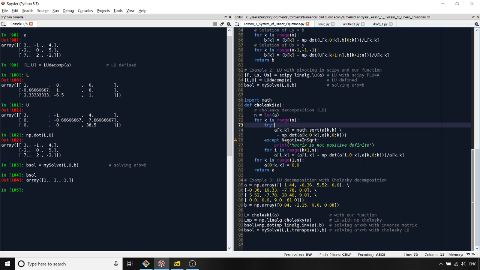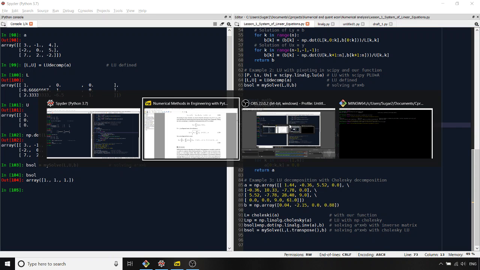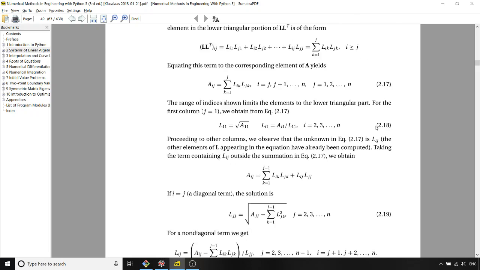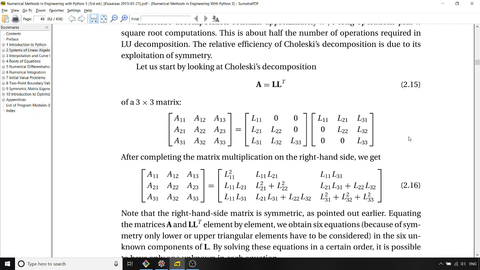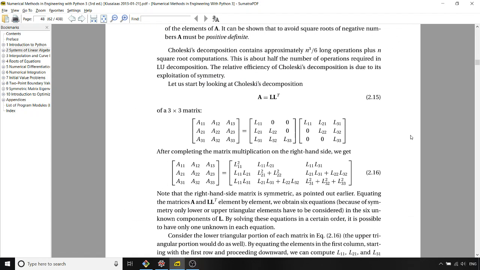So to make sure that the matrix is symmetric, it should actually be positive definite. Positive definite means the multiplication of this matrix by any given vector on the left-hand side, and the same vector's transpose on the right-hand side, will be positive.